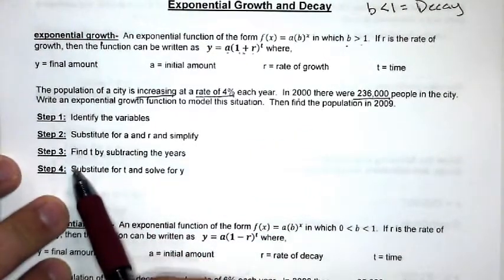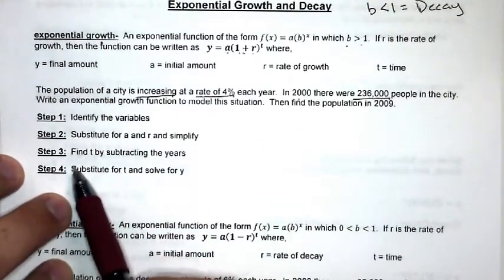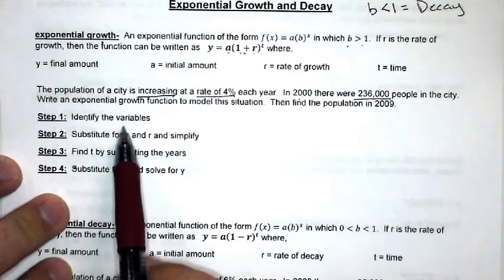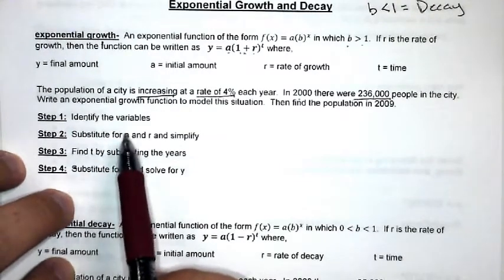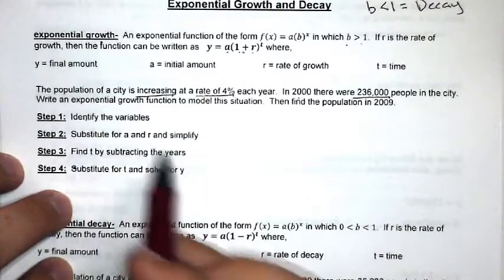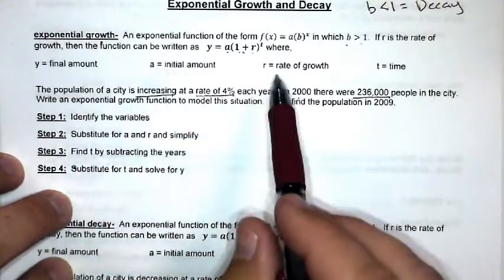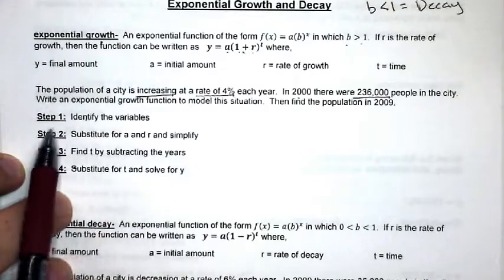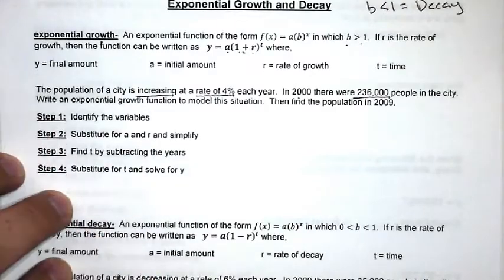As you can see here, I wrote down 4 easy steps that we must follow in order to solve this problem. First things first is identify our labels. We've been doing that since day 1. The labels that we need to identify are A, R, and T. You will solve for the y value.